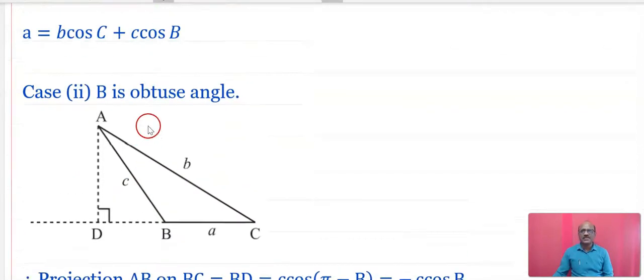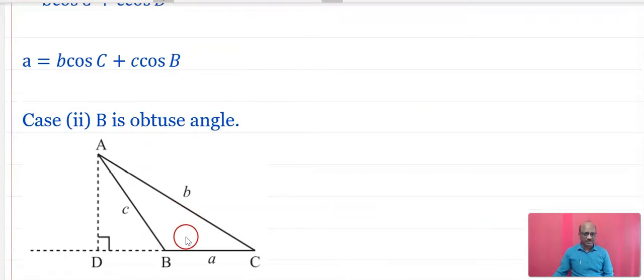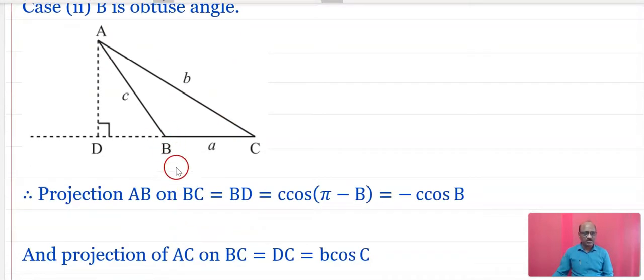Next we consider the case where angle B is an obtuse angle.